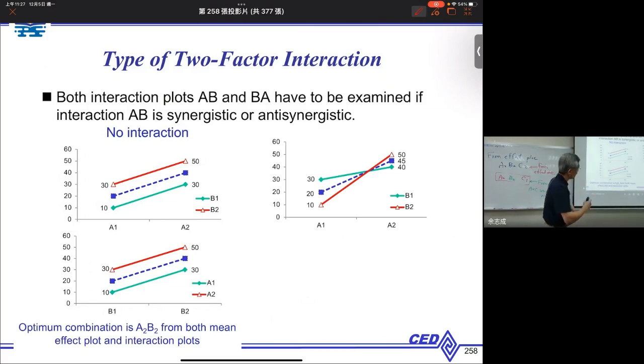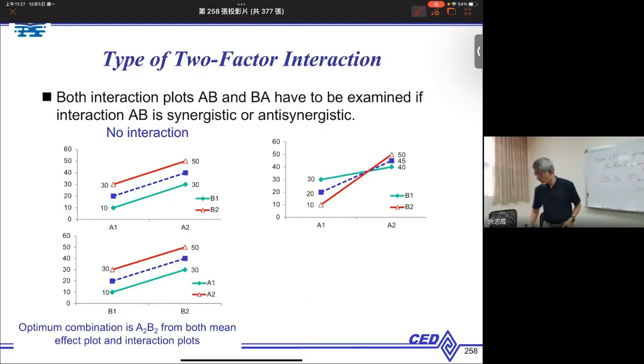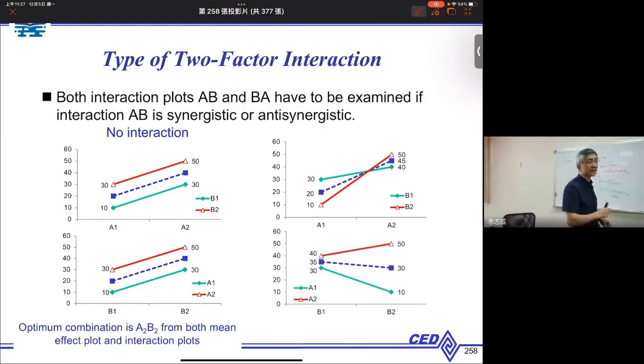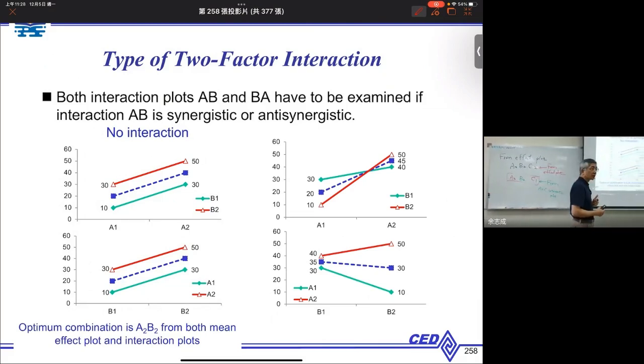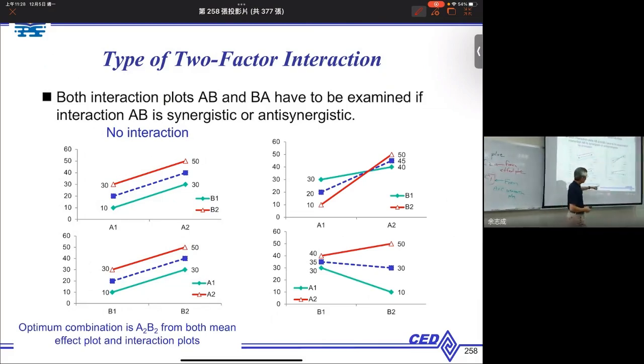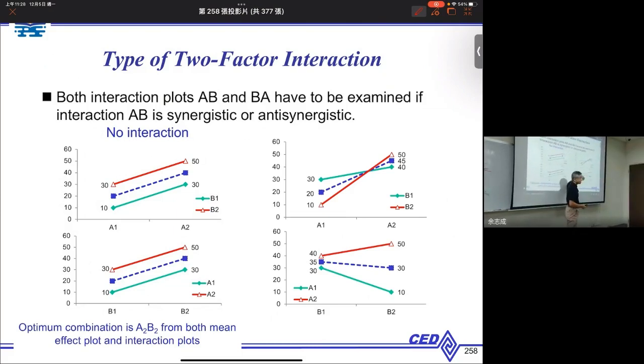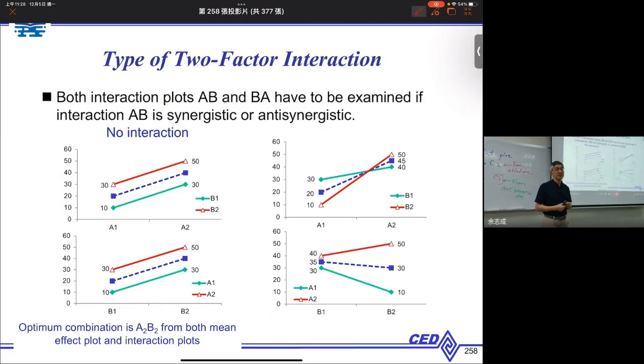But if you draw the curve using the other factor as a base, using B as a base, then you might reach a different conclusion. If you use B as the base for the same interaction, you will find out these two lines show what? It is anti-synergistic.